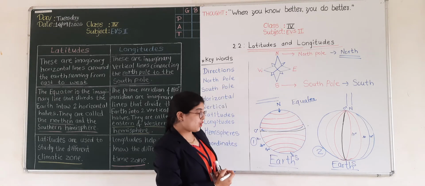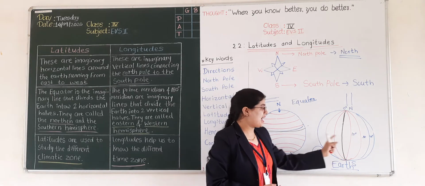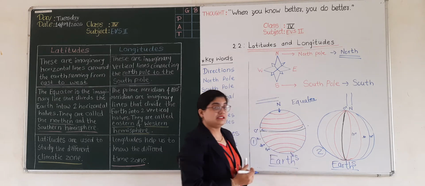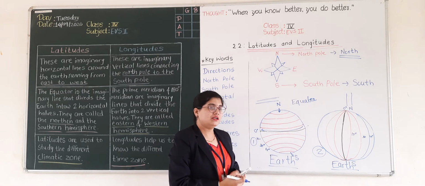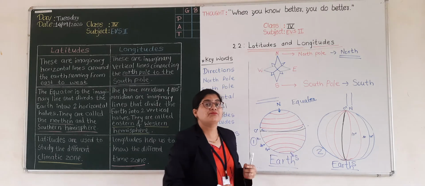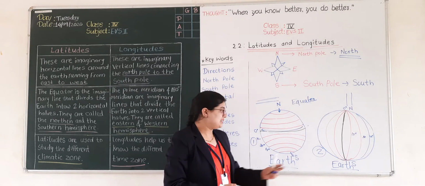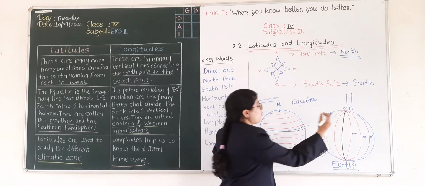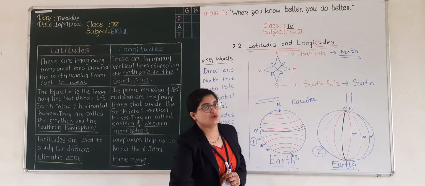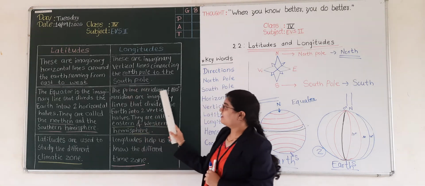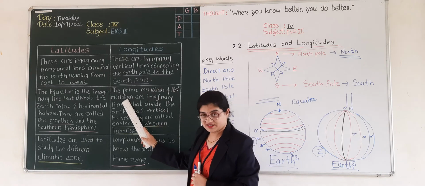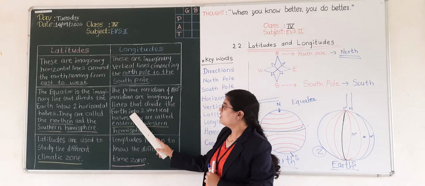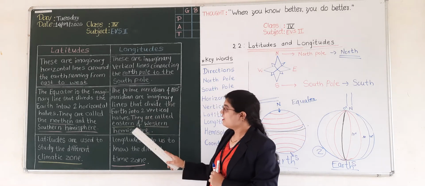Understood? Okay. Then here also we have the same. This 0 degree line is the prime meridian, and that side line is 180 degree. These lines divide our Earth vertically. The prime meridian and 180 degree meridian are imaginary lines that divide the Earth into two vertical halves.